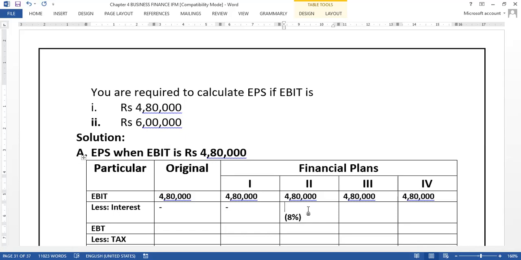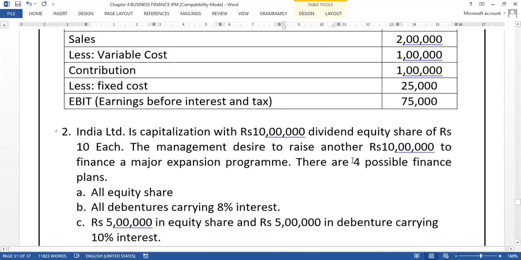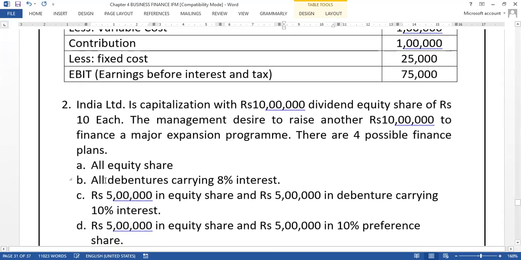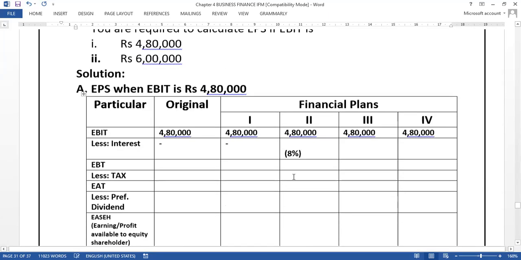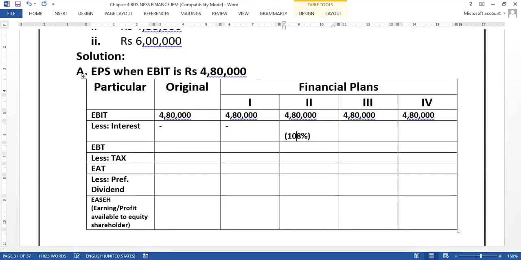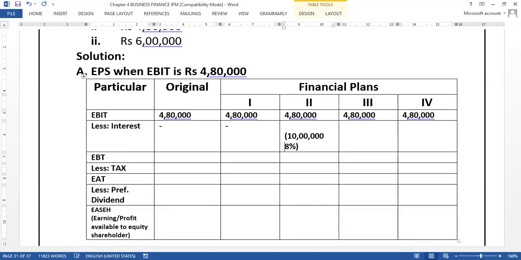Suppose it is not 8%, it is on debenture. All the debentures will be carried, in the sense the entire 10 lakh. You can write here 10 lakh into 8%, you'll be getting around 80,000.